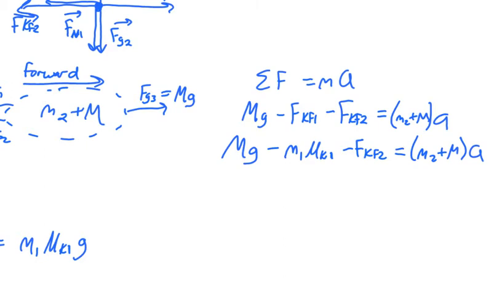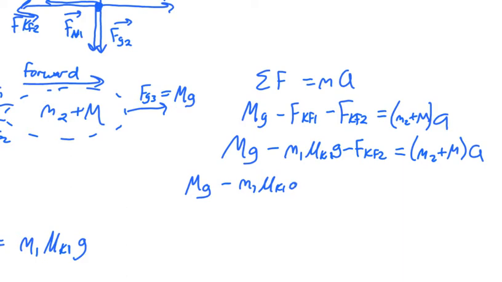Now my FKF2 I can get by doing the normal force times our coefficient of friction between block 2 and the table. And so we actually figured out earlier the normal force, but it's just going to be the same as the gravitational force downward on this thing. So we'll have Mg minus m1 mu k1, or whoops, that needs to have a g in there.